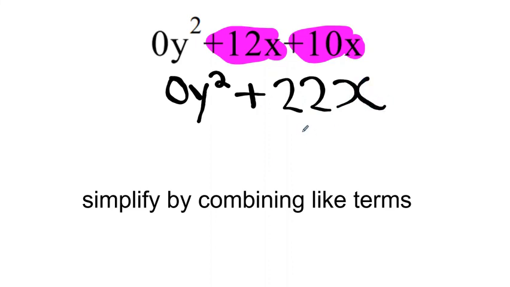And that is the expression simplified. You could simplify it further because if you have 0y squared, you don't need to write that. So this would be the expression simplified.